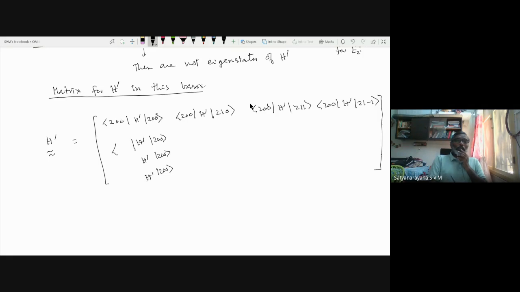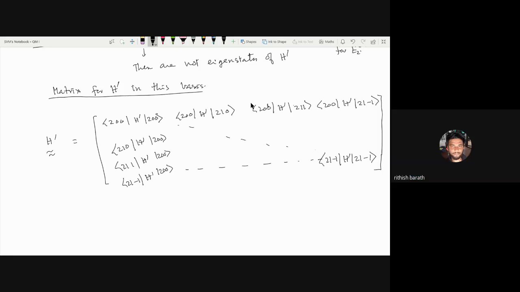On this side you will have 210, 211, 21 minus 1, etc. You will have 21 minus 1 H prime 21 minus 1. Let me repeat that: it's a 4 by 4 matrix, 16 elements. Because there are 4 degenerate eigenstates, you have this 4 cross 4 matrix.